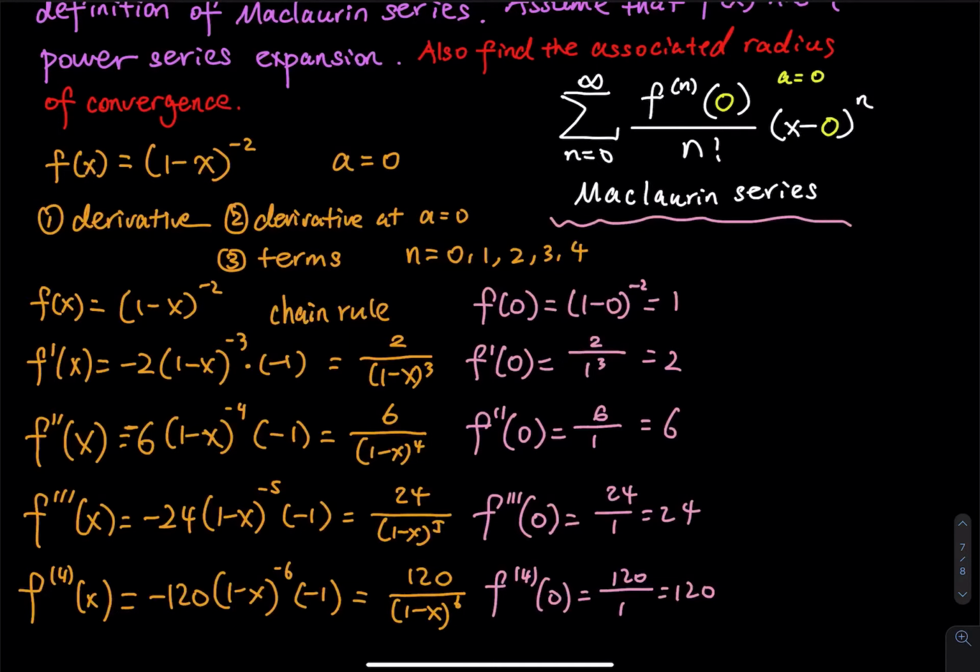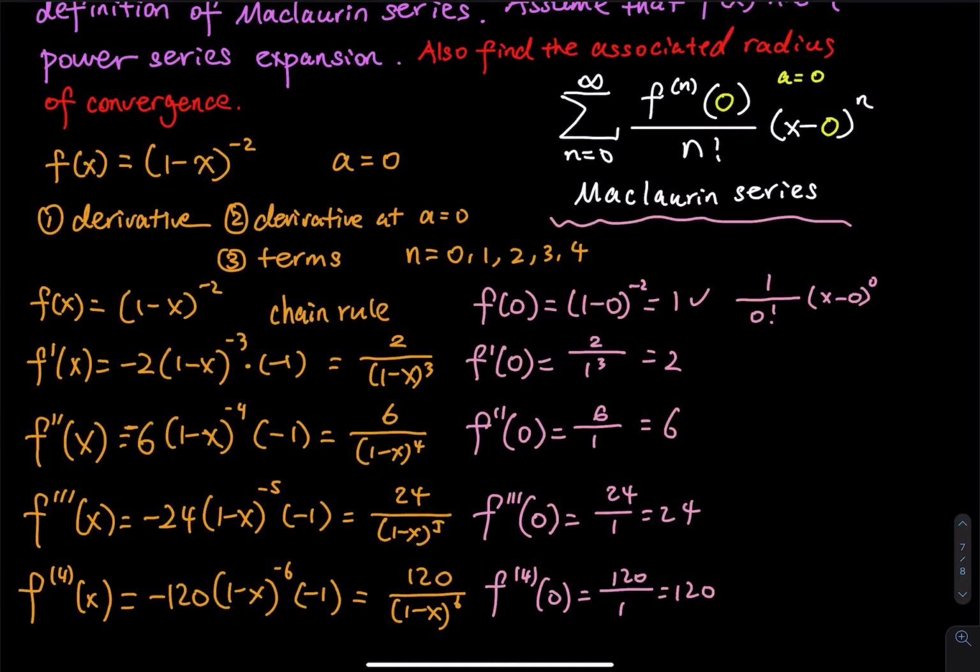So you have a numerator. The numerator is the result of the plug-in. Then you have 1 divided by 1 factorial, right? Oh, actually, it's not 1 factorial. The first term is n equals 0, then that will be 0 factorial. And then you have x minus 0 raised to the 0 power.